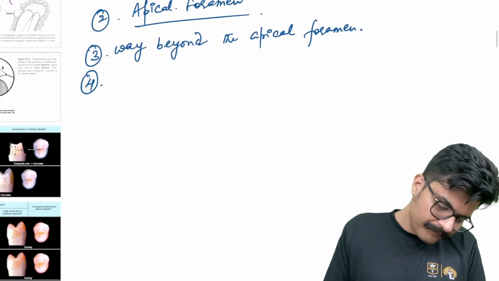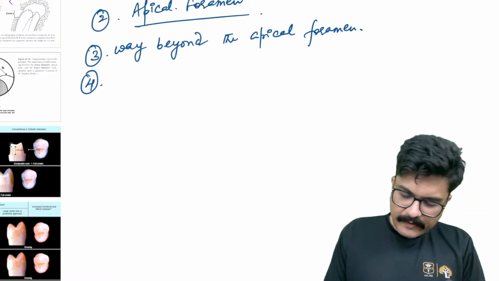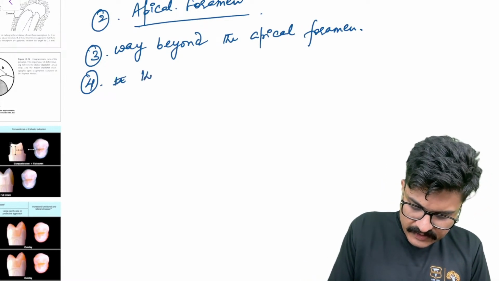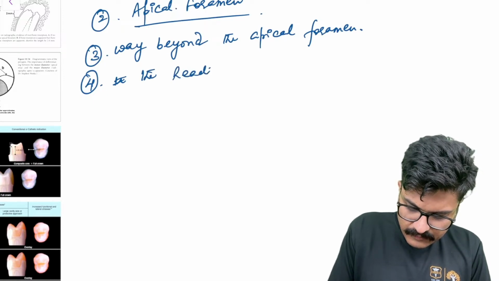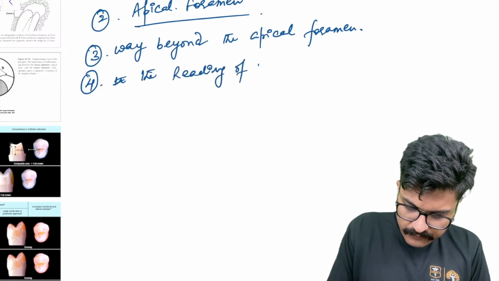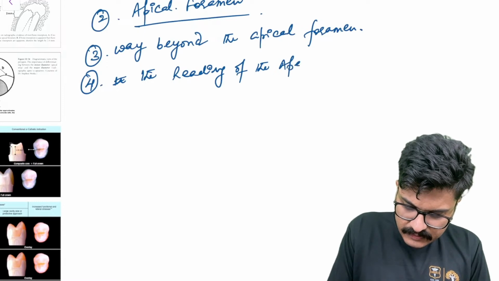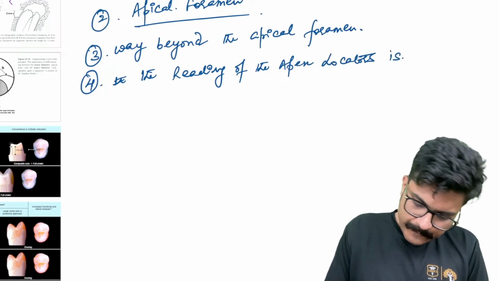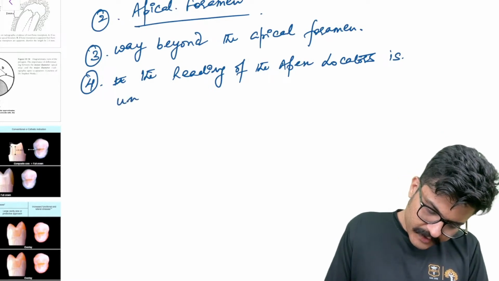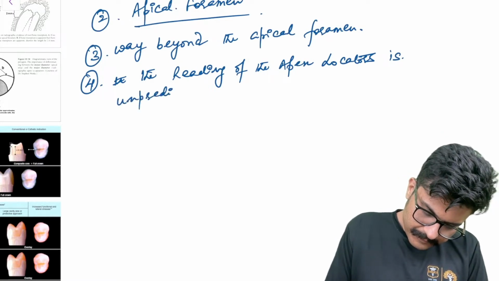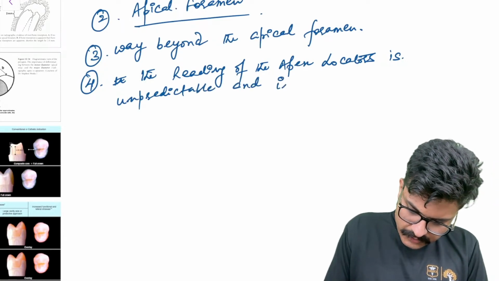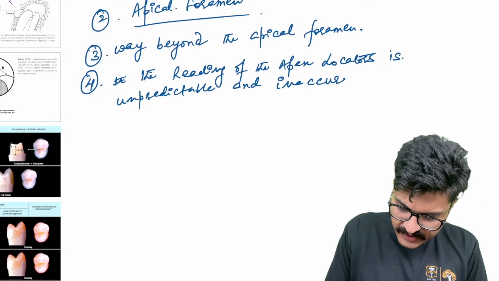Or, an option can be that the reading of the apex locator is unpredictable and, to generalize, inaccurate.